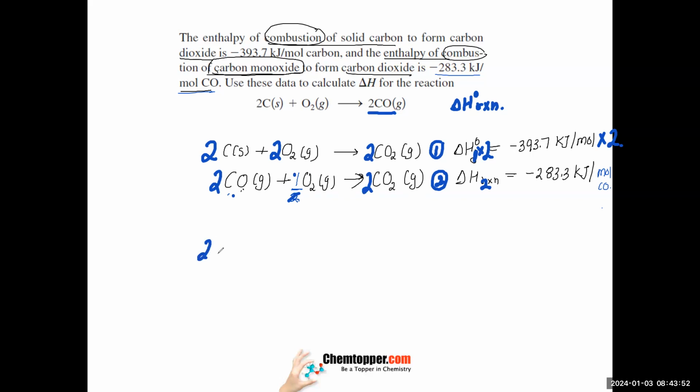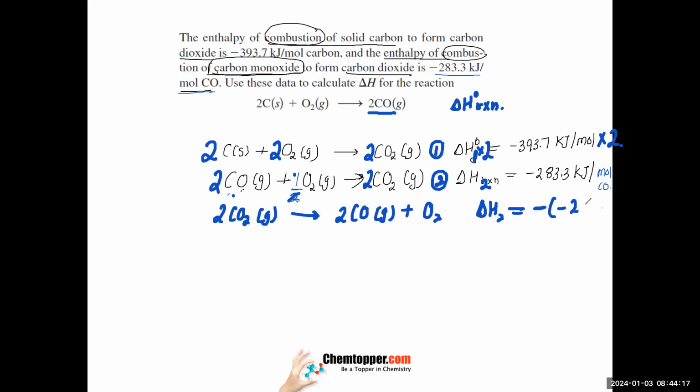So it will become 2 CO2. I'm writing closer here. This is 2. 2 CO2. I'm flipping the equation, children. Flip means products will become reactants and reactants will become products and the sign of delta H2 will get flipped, means minus 283.3 kilojoules.